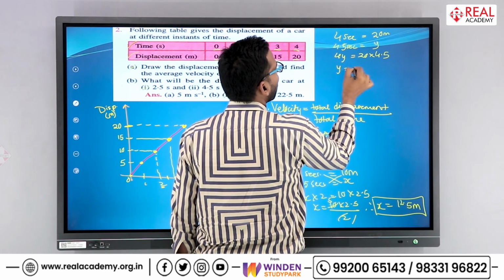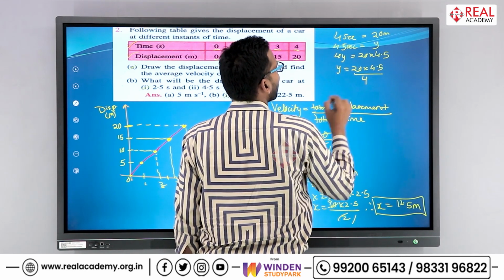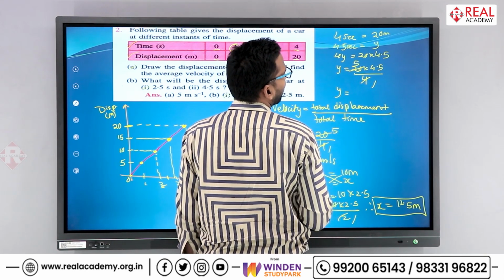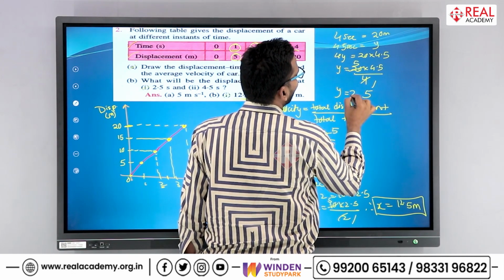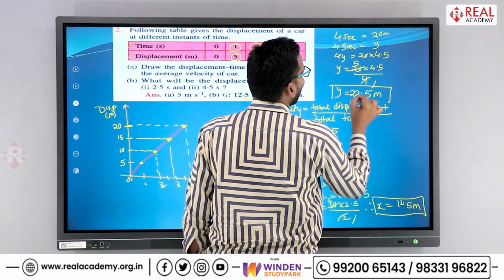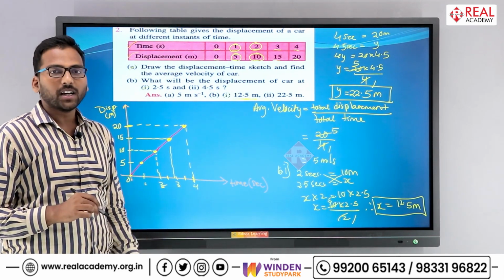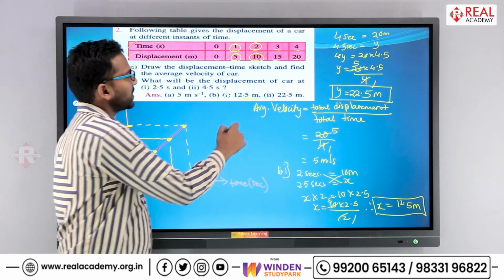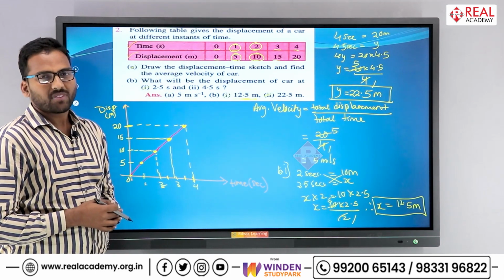So y is 20 into 4.5 upon 4, which is 5 into 4.5, that is 22.5 meter. This is the answer.